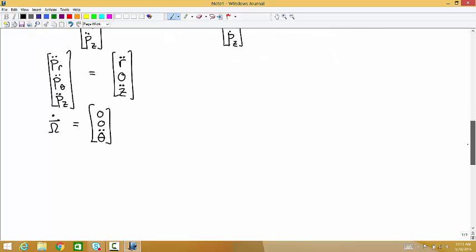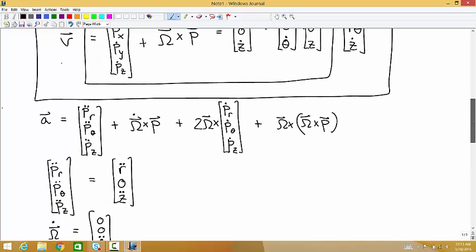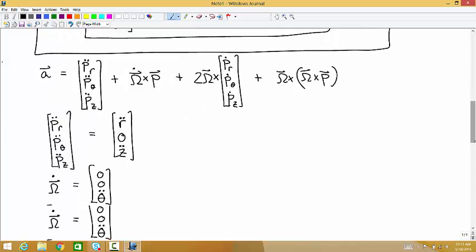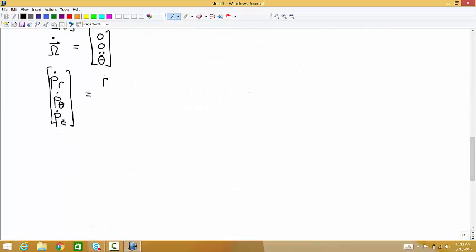And then this one we already have: the time derivatives of the components of the position. And that was equal to just r dot, 0, z dot.